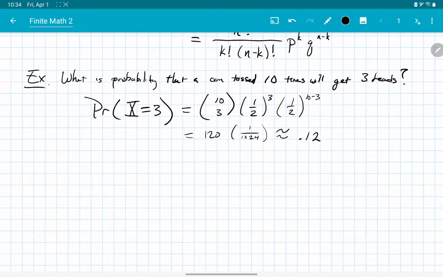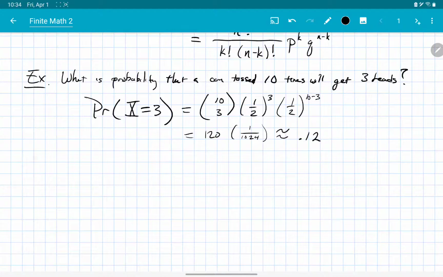Not very large, but definitely possible. If you do this 10 times, you'd expect it to happen once, perhaps. So it's not entirely rare. So this is much quicker than writing down all possible combinations of 10 coin tosses. This is a good deal better than that. Very quick.